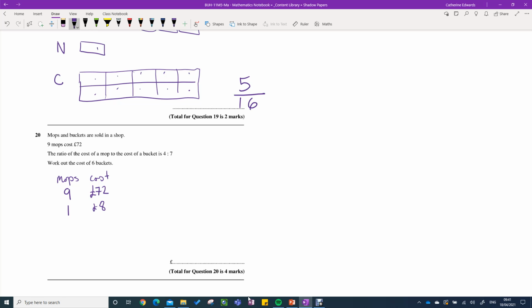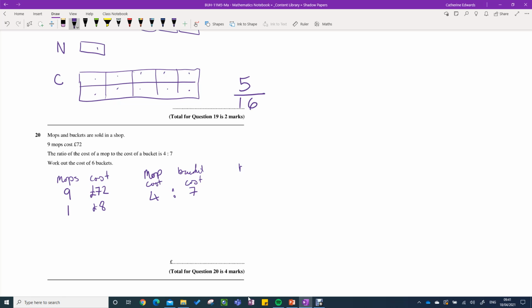The ratio of the cost of a mop to the cost of a bucket is 4 to 7. Work out the cost of 6 buckets.